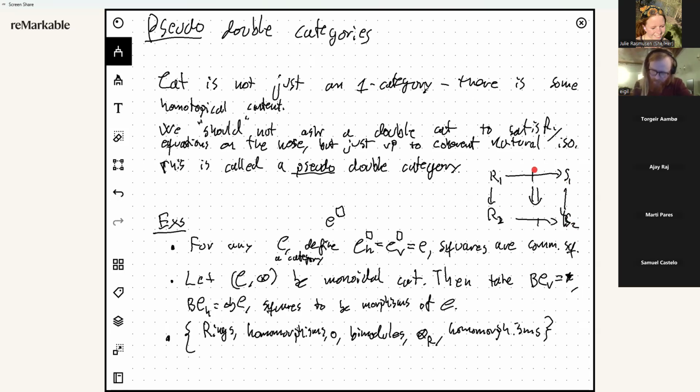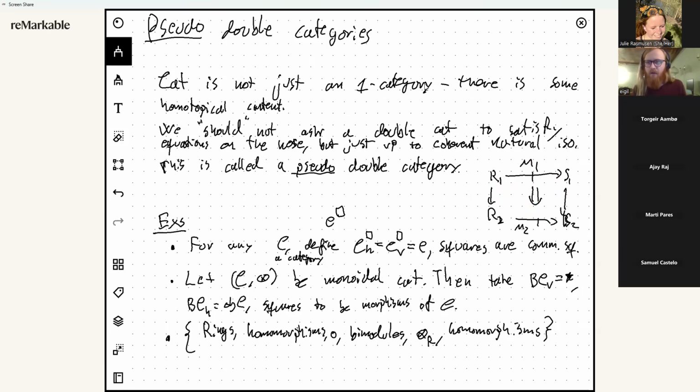If I have two bimodules M1 and M2, an R1-S1 bimodule and an R2-S2 bimodule, I can view the second as an R1-S1 bimodule by restricting scalars along these two homomorphisms. And then I want a function from M1 to M2, which is a module homomorphism for those two structures.